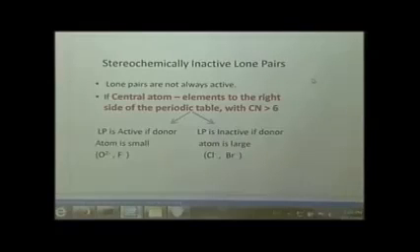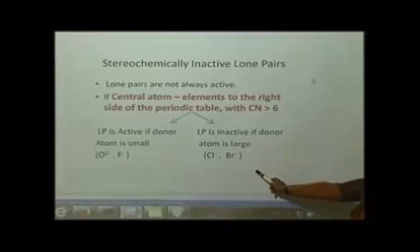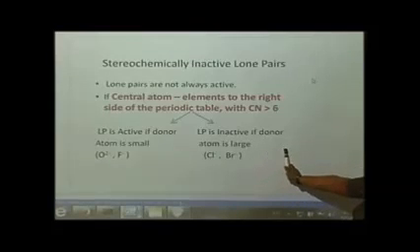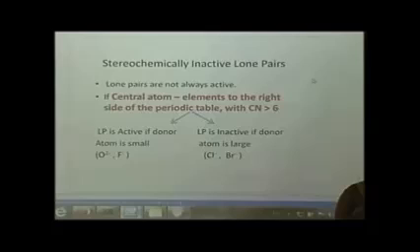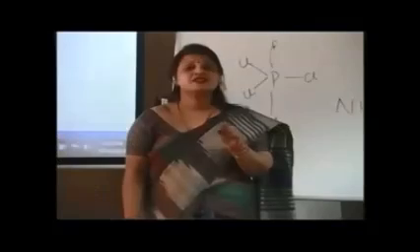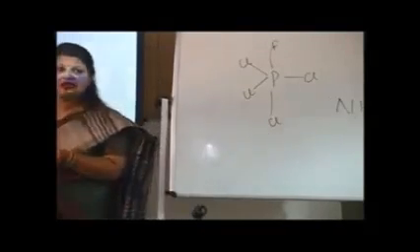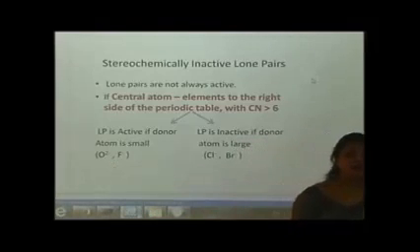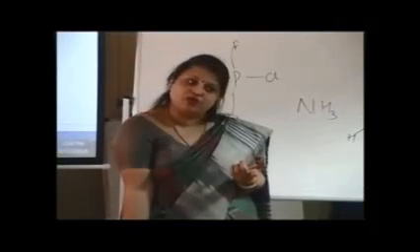All of them were in the middle of the table, not on the extreme right. Secondly, the coordination number should be more than 6. Then there are possibilities of the lone pair being inactive. In that case again, the lone pair is inactive only if it is surrounded by larger atoms like chloride, bromide, etc. If it is surrounded by smaller atoms like oxygen or fluorine, the lone pair will be active.